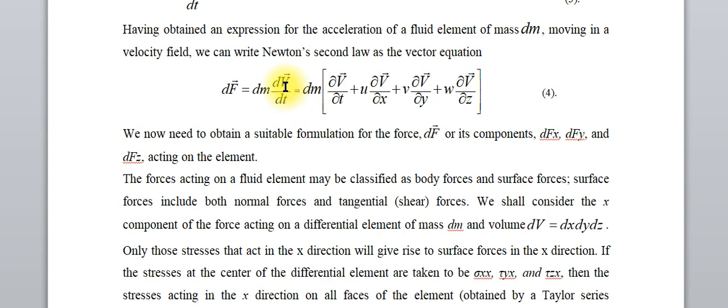For fx, the velocity component in x will be u, so it will be replaced by u. Only the vector v will be changed to u, and for fy, this v will be changed to the component v. For dfz, this v will be changed to dw/dt, and this will be changed to partial w by partial t, partial w by partial x, partial w by partial y, partial w by partial z.